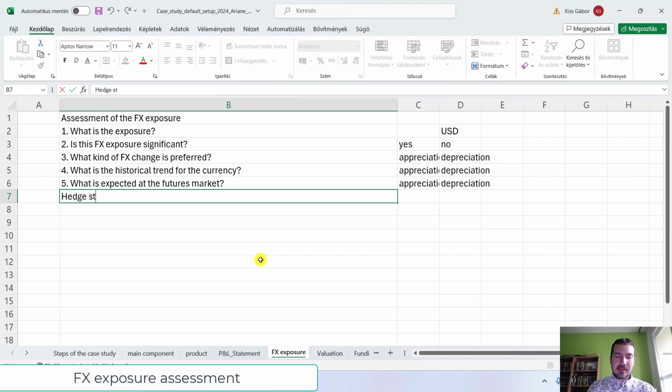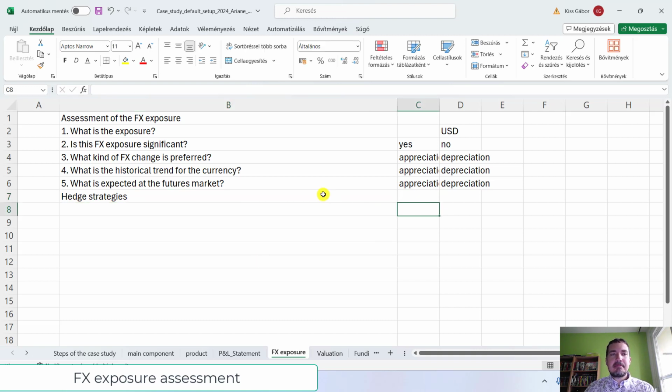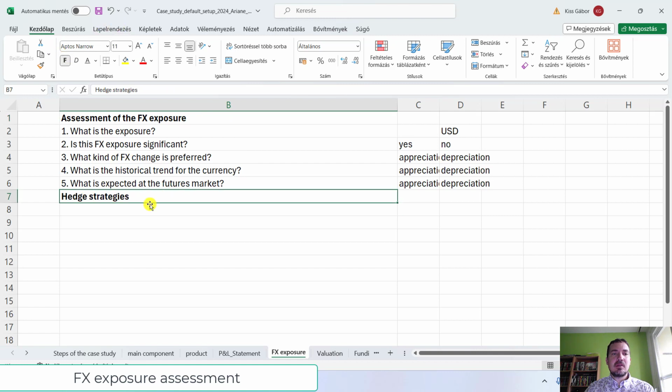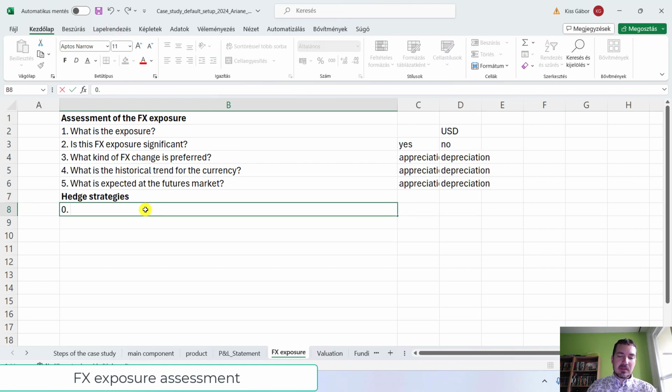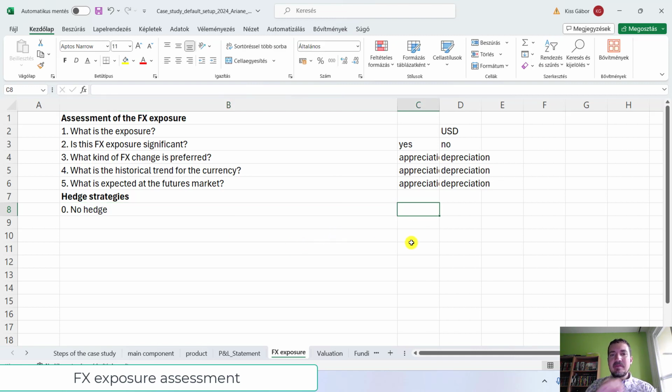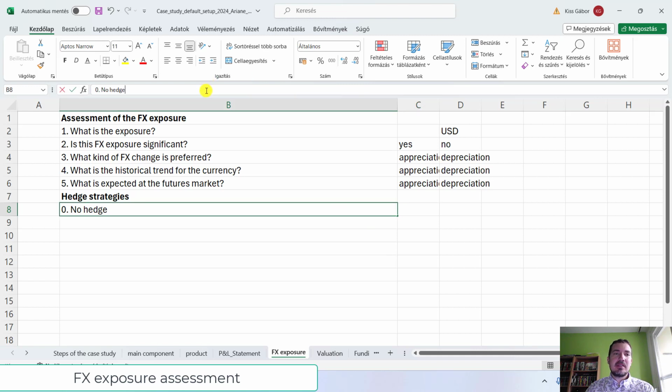So that was the first problem, that was the second problem. Sometimes we don't need anything, no hedge. So we can say that if the exposure is not significant, obviously, if we don't have exposure, then we also don't need any hedging.